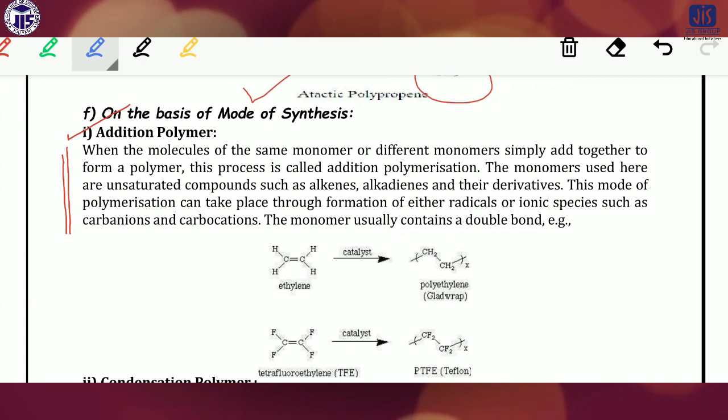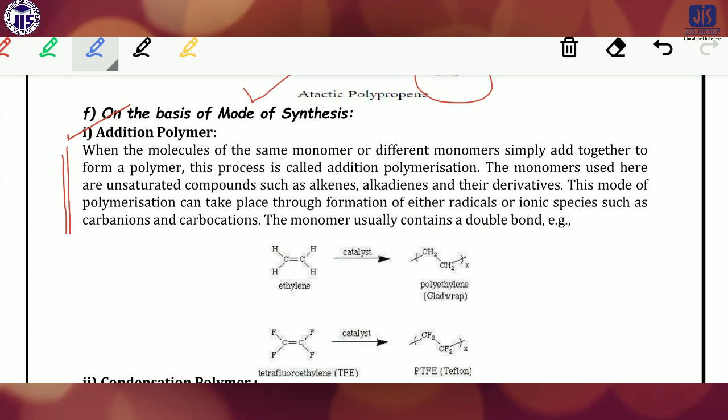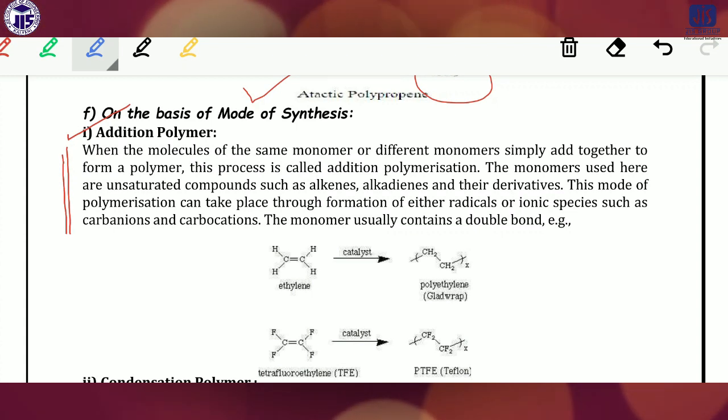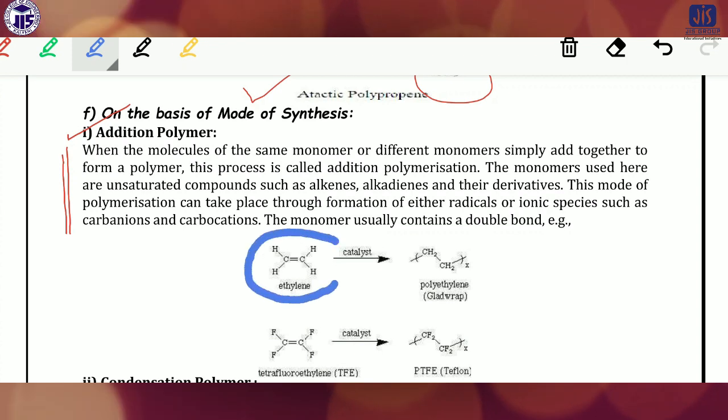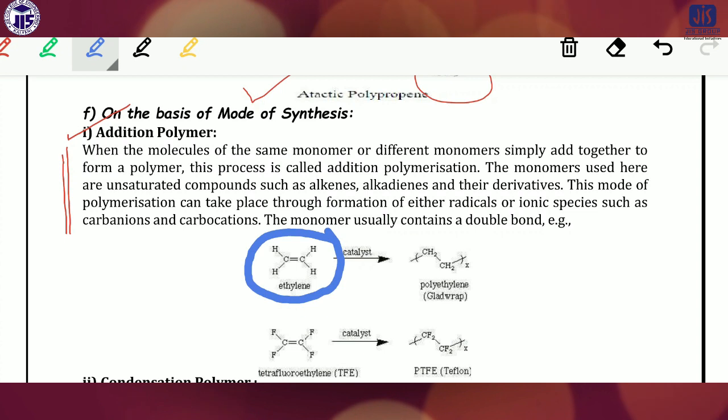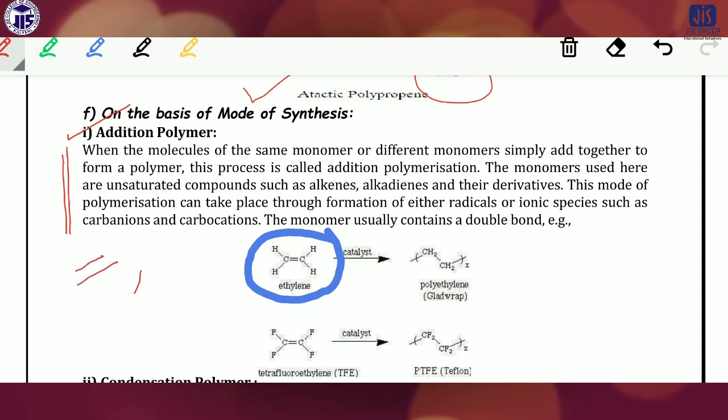So what is the basic principle, or what is the meaning of the addition polymer? In case of addition polymer, the monomer will have some kind of unsaturated part. Look here, it is ethylene. In ethylene, unsaturated part means there must be a double bond or a triple bond.